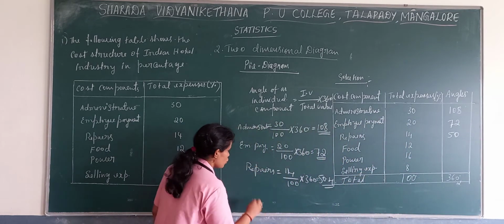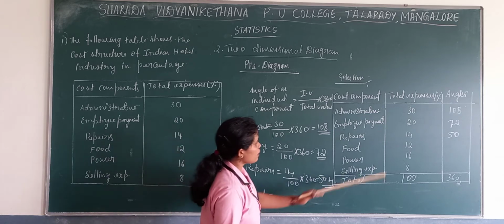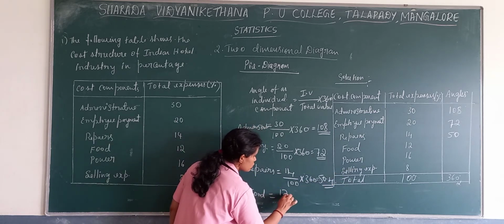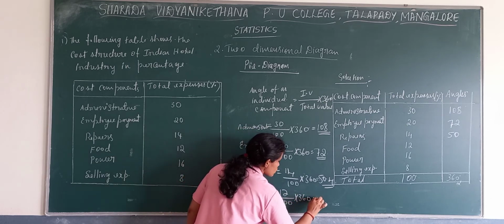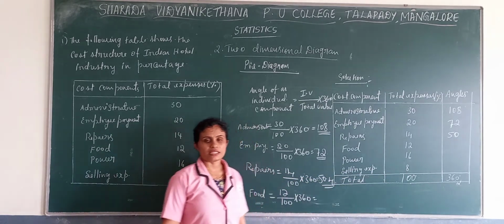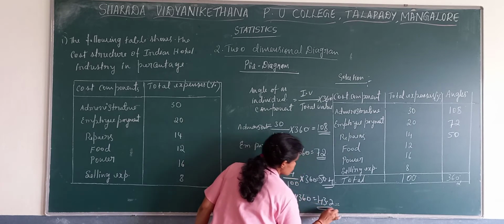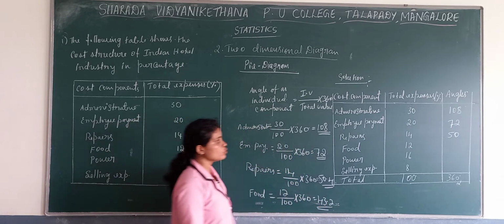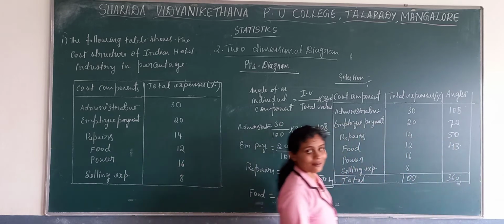The next one, food, is 12 by 100 into 360. Then we get 43.2, so approximately we will take it as 43.